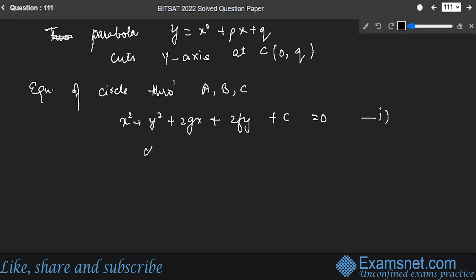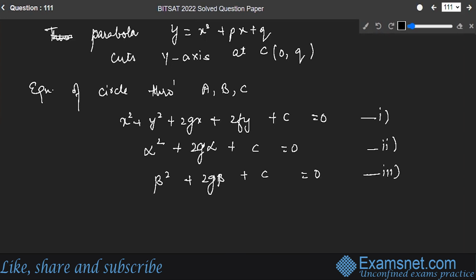Let's say this is 1, or alpha squared plus 2g alpha plus c is equal to 0. Let's say this is the second equation. Beta squared plus 2g beta plus c is equal to 0. Let's say this is equation 3, or q squared plus 2fq plus c is equal to 0. Let's say this is equation 4.